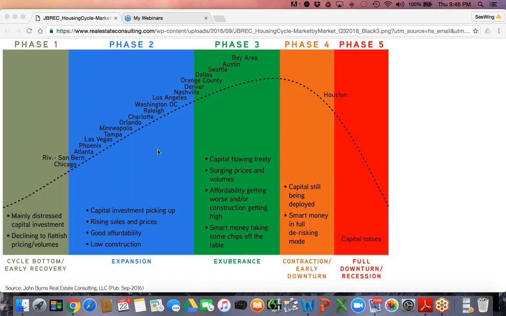Okay, because if you want to buy a single family cookie cutter home in Phoenix, Arizona, or Charlotte or Atlanta, Georgia, whatever, $150,000, you're not going to get 1% because the rent is probably going to be around $1,200.